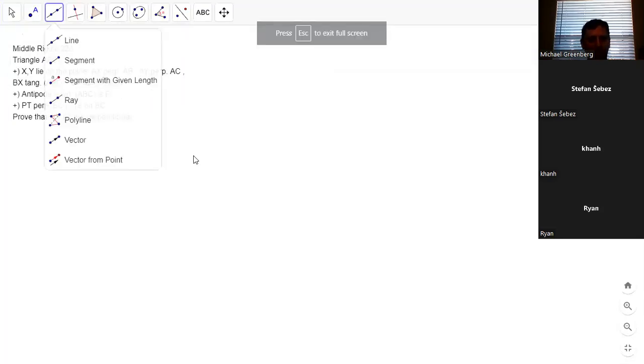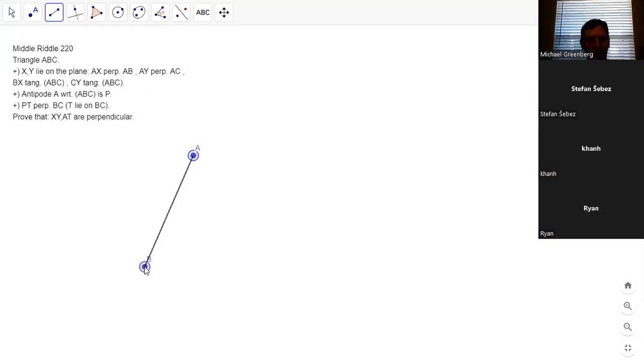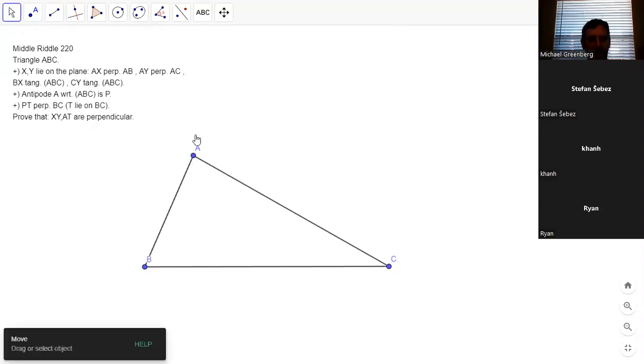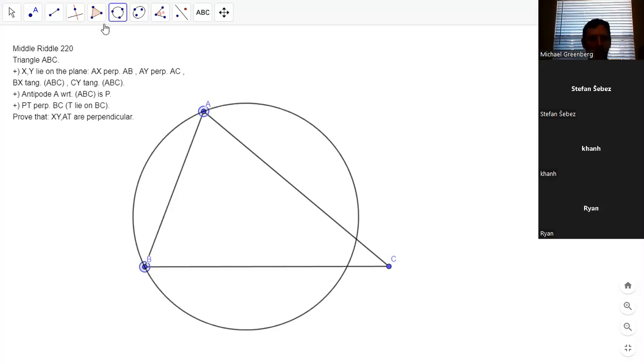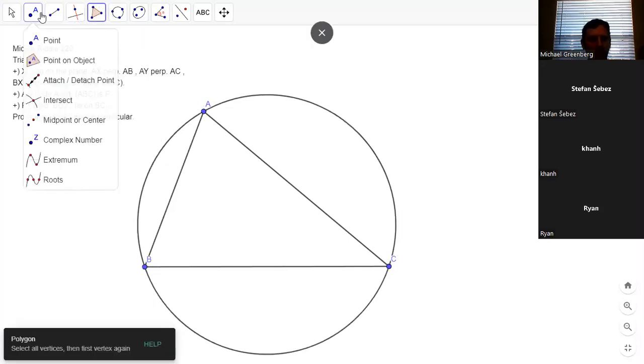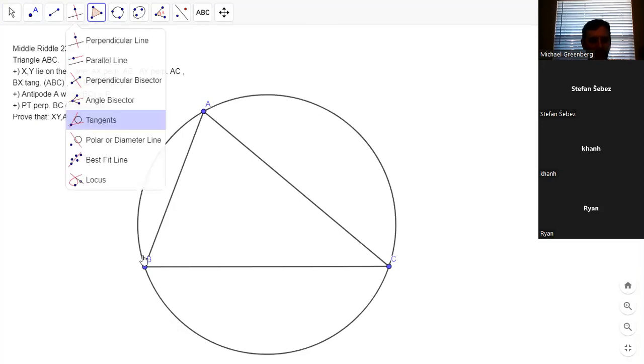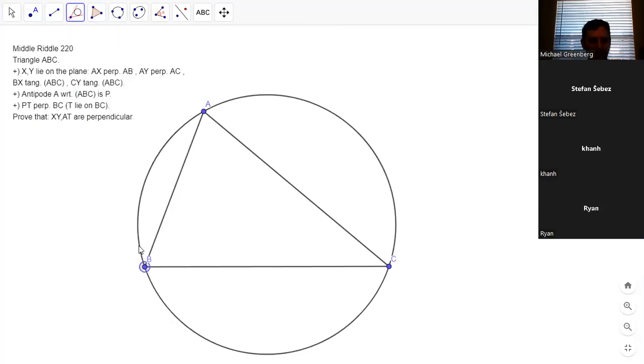So we have AX is perpendicular to AB and AY is perpendicular to AC. Okay, so we draw the circle ABC and we draw the tangents at B and C. AX is perpendicular to AB.